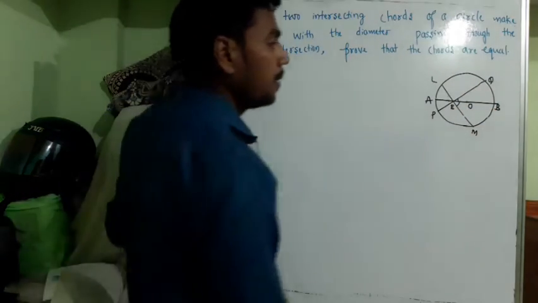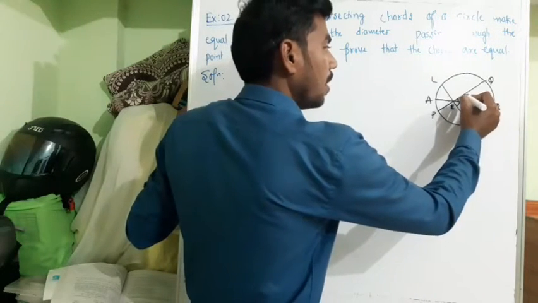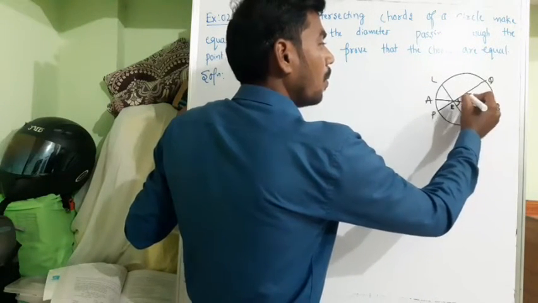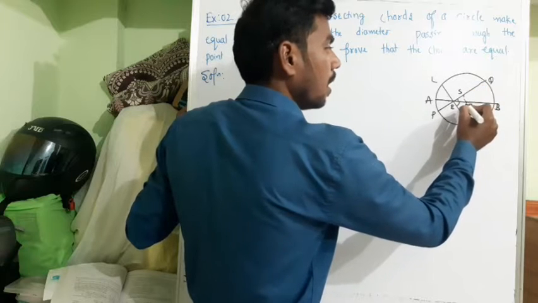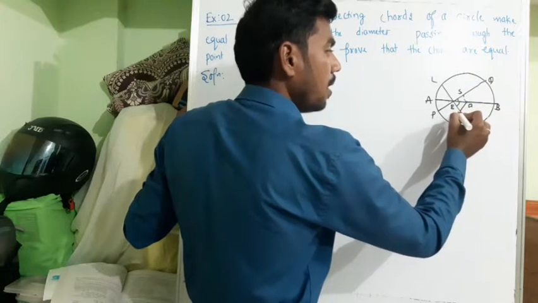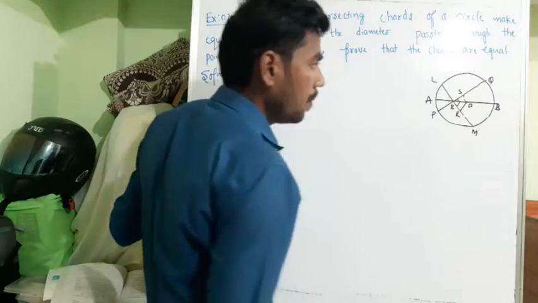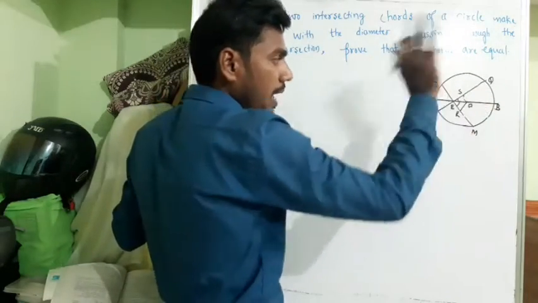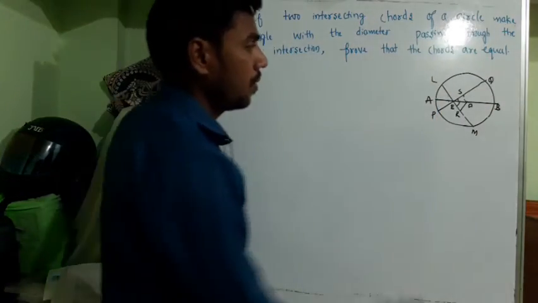Now I'll do the construction. Draw OS and OR perpendicular to PQ and LM respectively. What you're going to do?